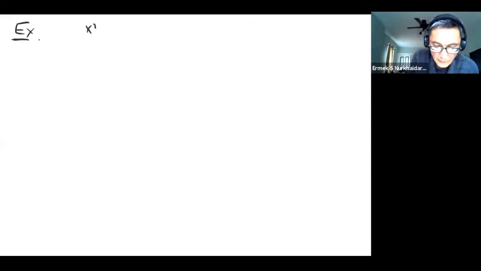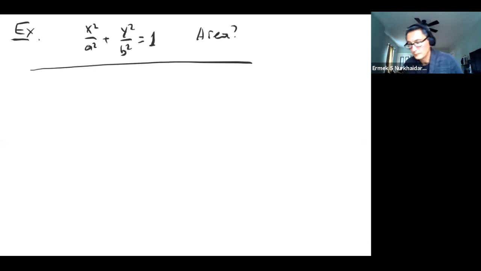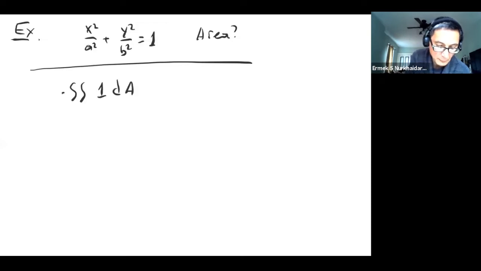Say we have an ellipse, and we want to find its area. Okay, so we have double integral of 1 dA, that's area.